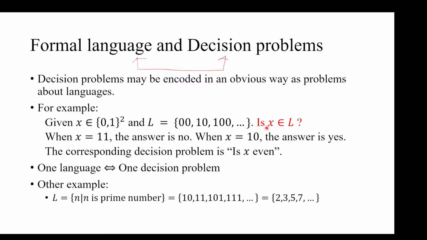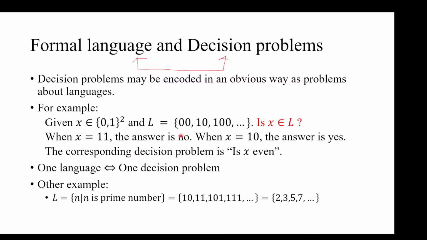Obviously different inputs give you different answers. When the input is 11, the answer is no because it doesn't end with 0. When the input is 10, the answer is yes.